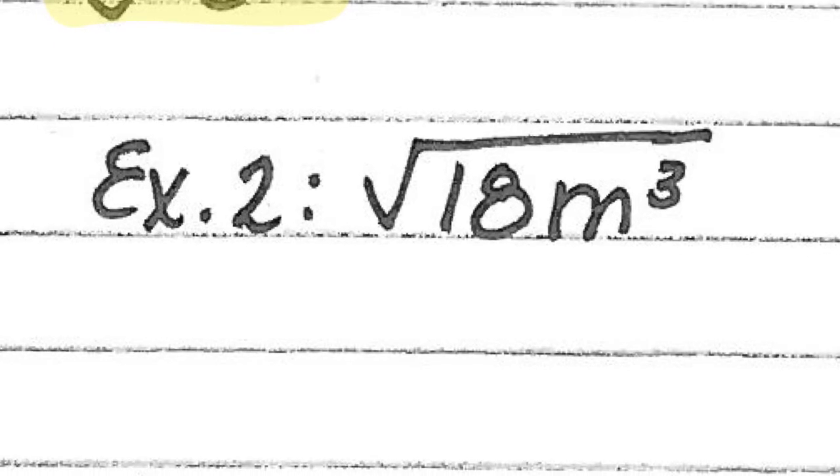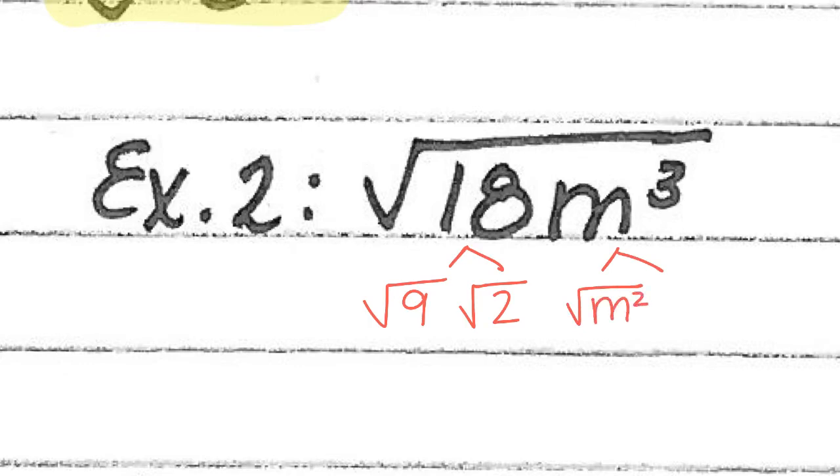On the same note, if I look over here, now I have a square root. And you probably can see that the perfect square that can come out of 18 would be 9 times 2. Notice I'm writing those both in radicals. The perfect square that can come out of m to the 3rd is m squared times m.